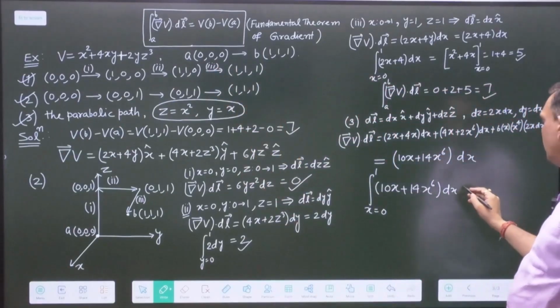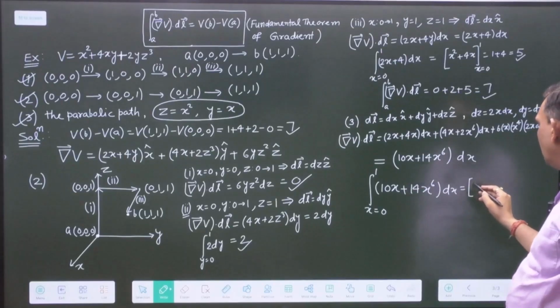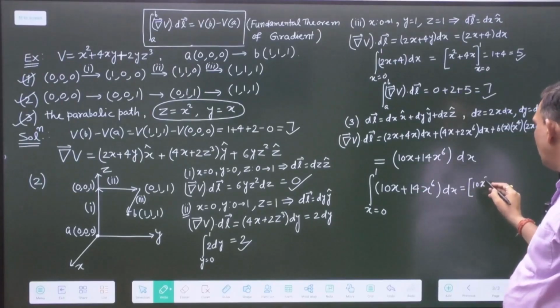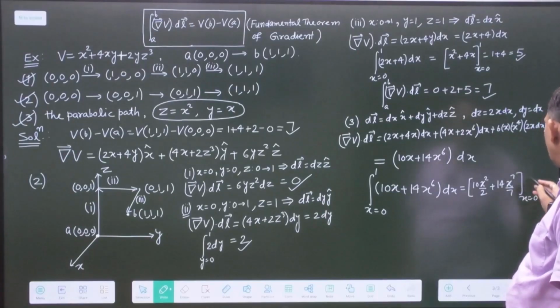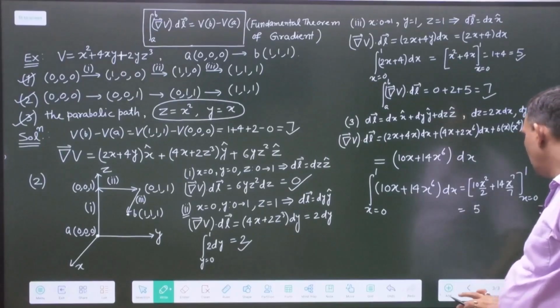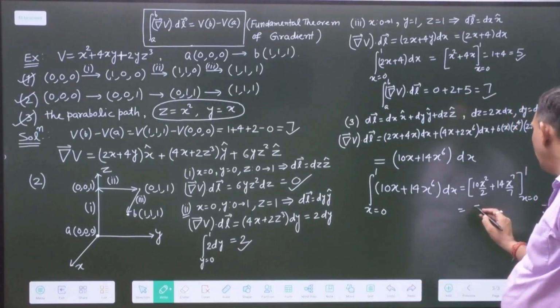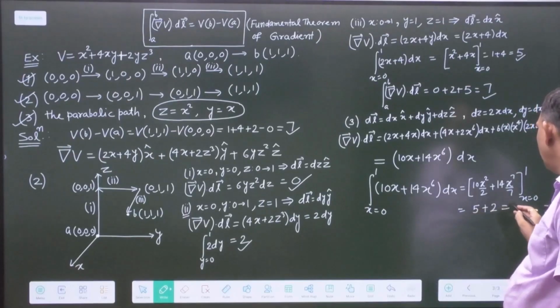If you solve this, that will give you 10x square by 2 plus 14x to the power 7 by 7, from 0 to 1. So this will give you 5 plus 2. So this value is 7.